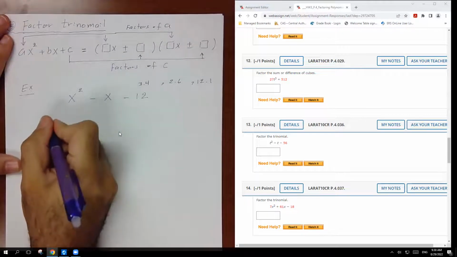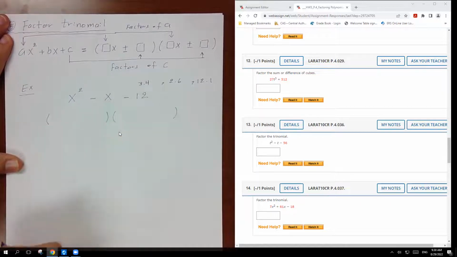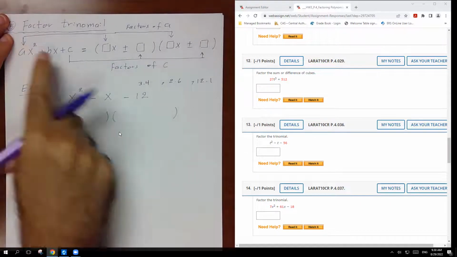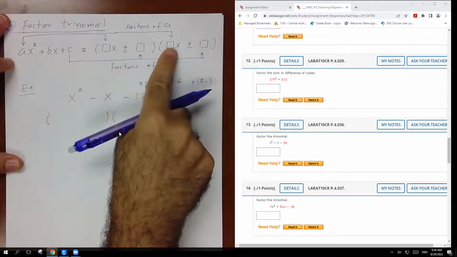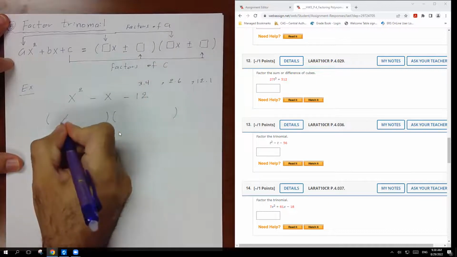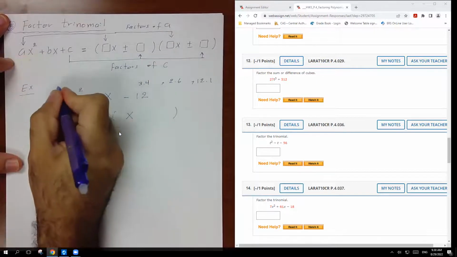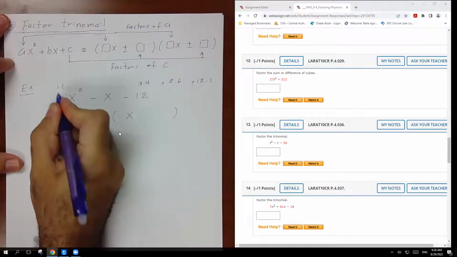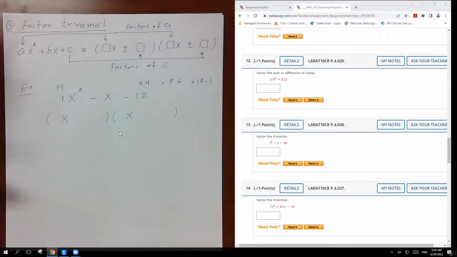Now I'm going to open two parentheses. Factors of a, one is going to be here and one is going to be here. Here is x and here is x. The factors of a is 1 times 1 because a is 1. So here is 1 and here is 1. It's not going to change anything.